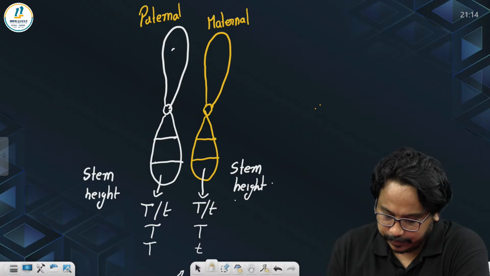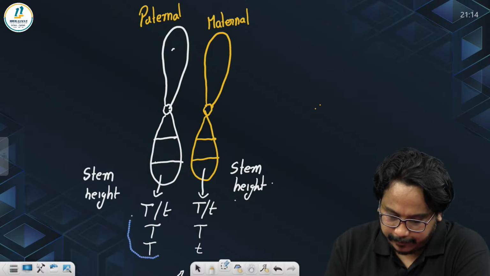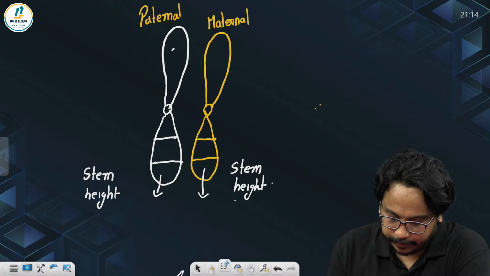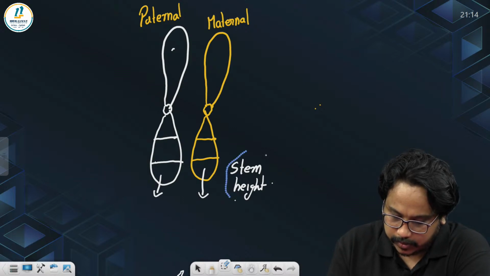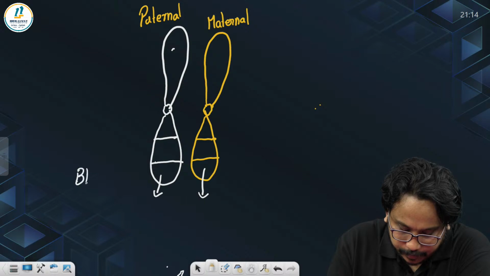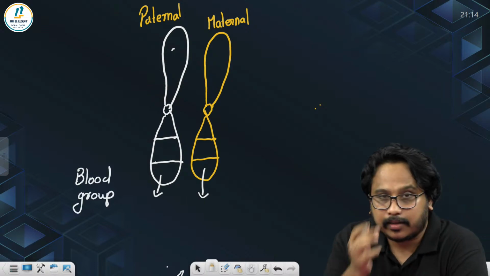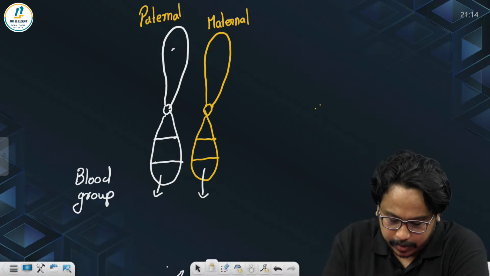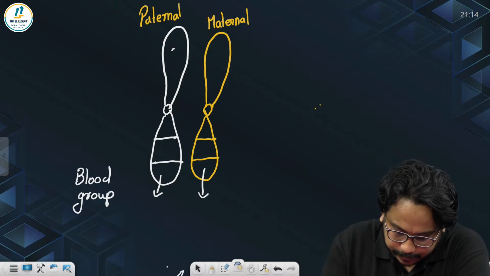But just imagine a character, for example, at this locus, just imagine the blood group gene is coming. You know that in blood group there are three alleles that are coming. That is IA, IB and IO.